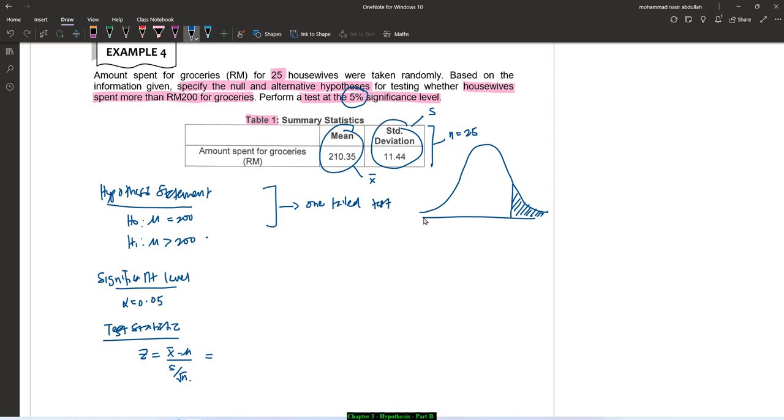So this one should be 210.35 minus 200, where this is our mu and this is our x bar, divided by s equal to 11.44 over square root of 25. Can you calculate here for me? What is the outcome for this value?